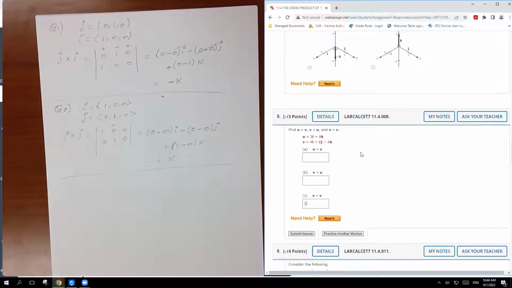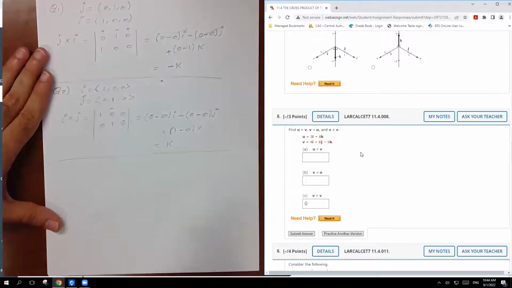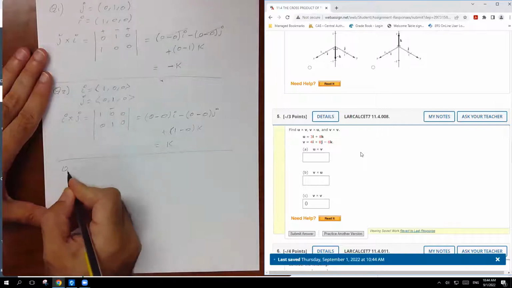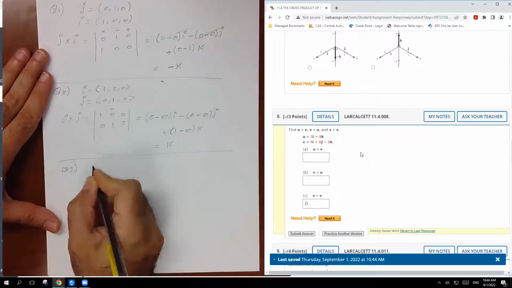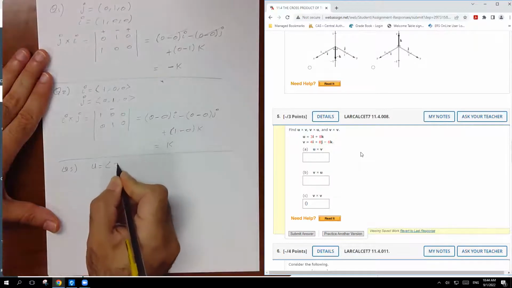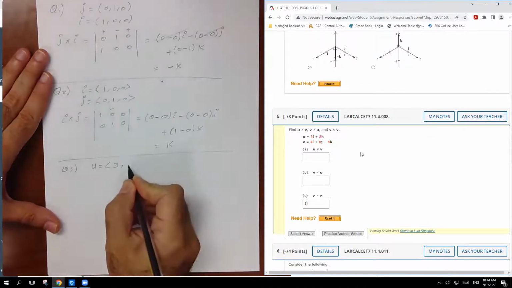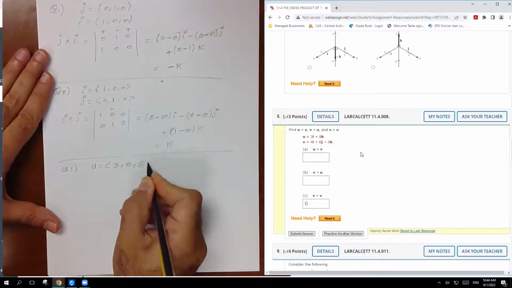Let's check the cross product between u and v. So for question 5, our u vector is 3, 0 for the j, and 8 for the k.